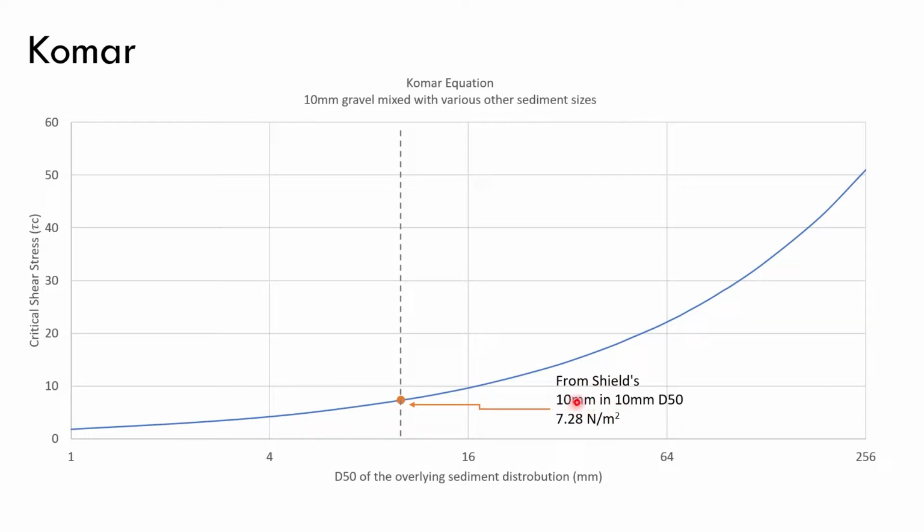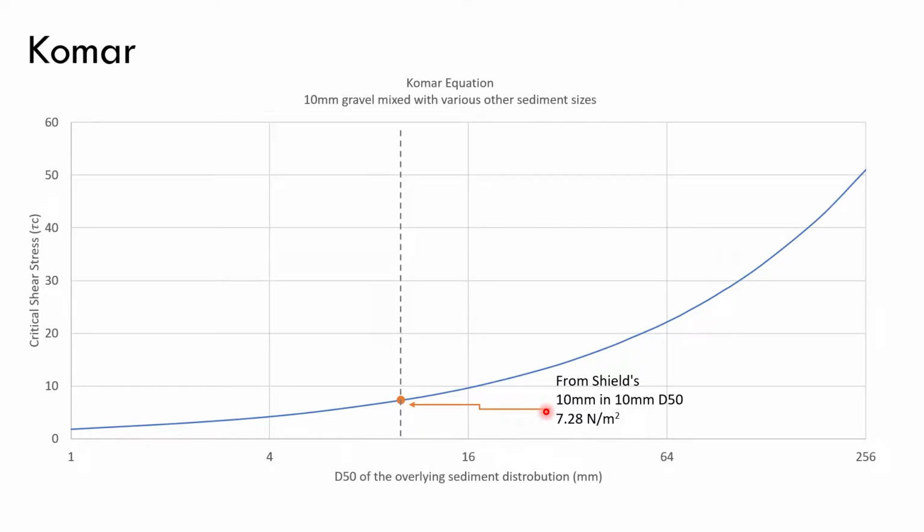So in order to move a 10 millimeter piece of gravel in an overriding distribution with a D50 of 10 millimeters takes just over 7 newtons per meter squared. Now, the shape of this curve tells us everything we need to know about this equation, and goes back to what we talked about in Lecture 7 about mixed bed rivers: if we have smaller stuff in a bigger stream, it's going to be harder to move.